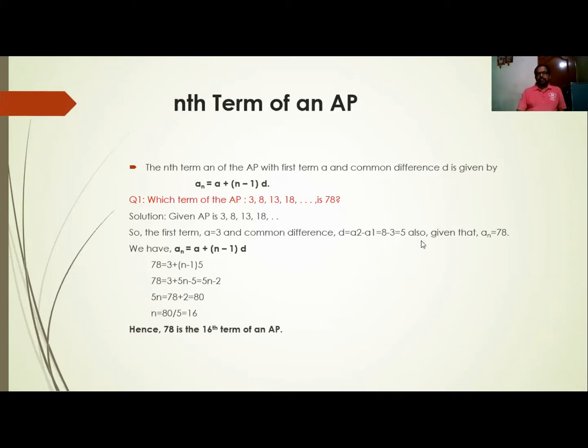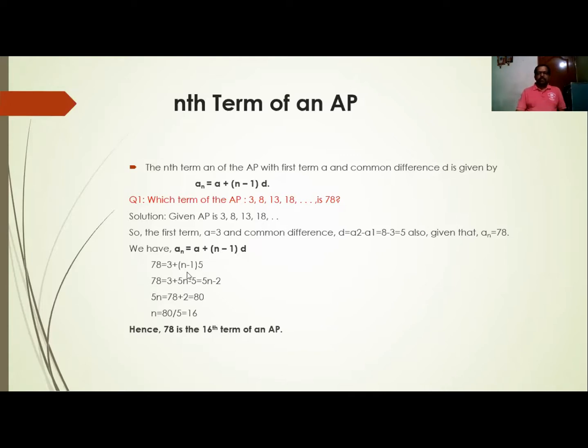So d is equal to 5, and you are given an equal to 78. Using the well-known formula for the nth term of an AP, an equal to a plus (n minus 1)d, substitute an as 78, a as 3, and d as 5.